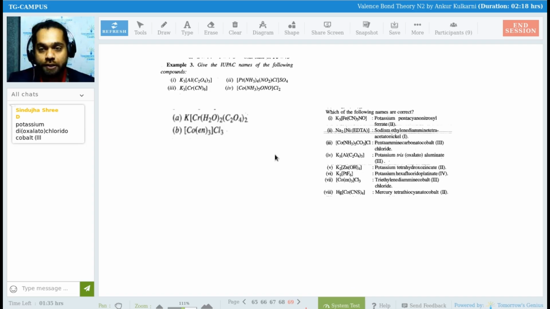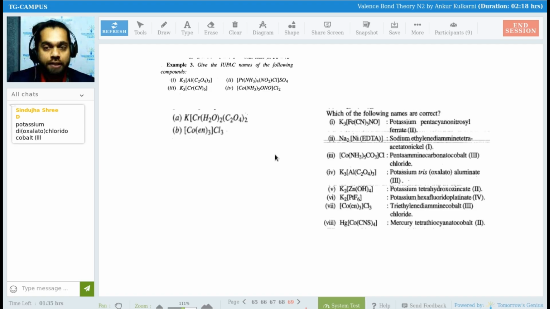Take a screenshot of this whole page and kindly solve it and send it to me. Okay. I hope IUPAC is clear. Yes, everyone, I hope IUPAC nomenclature, positive, negative, everything is clear.